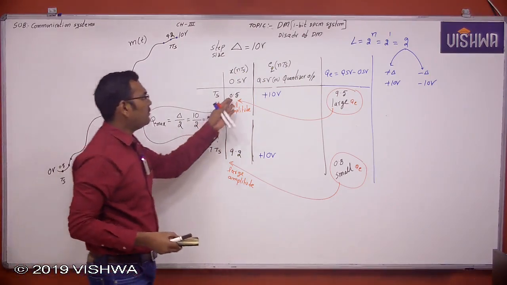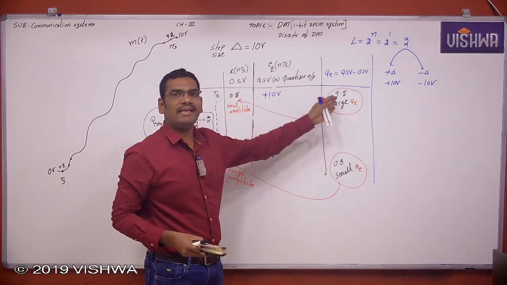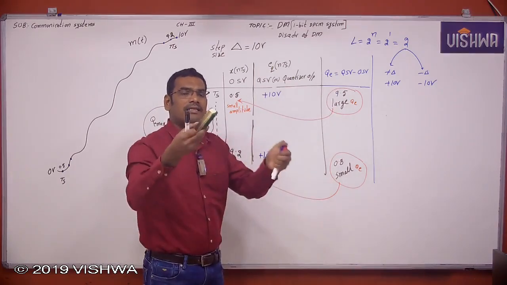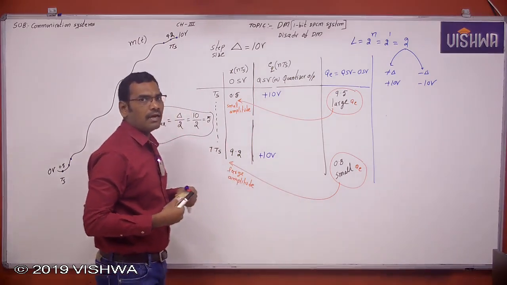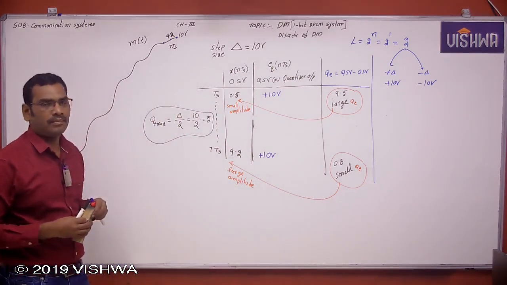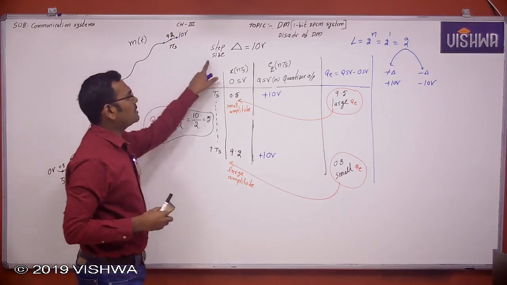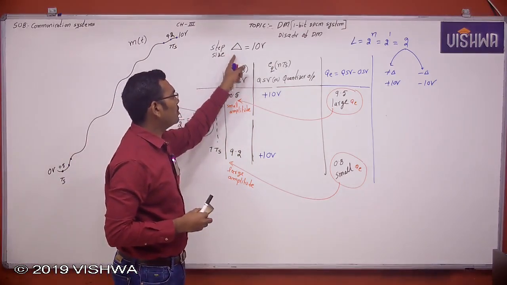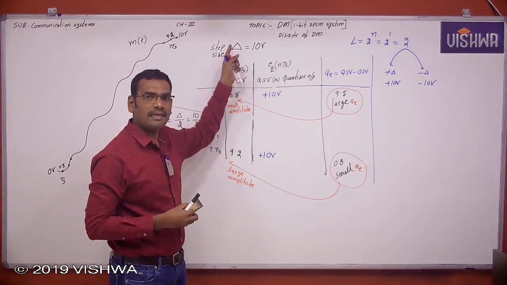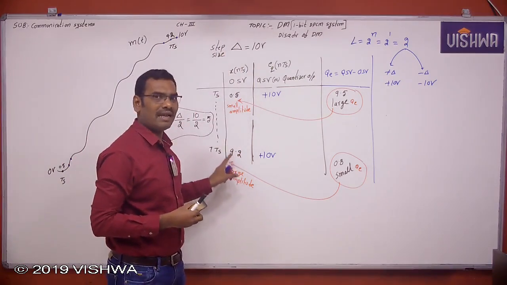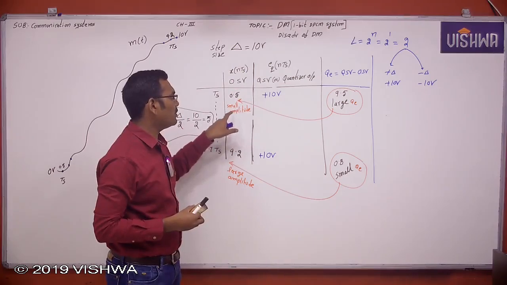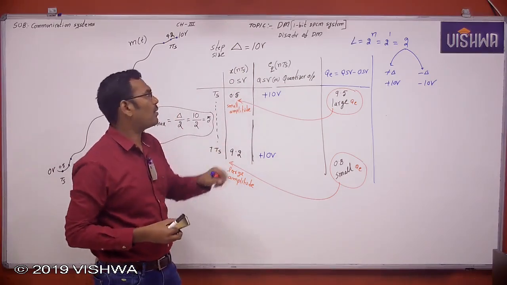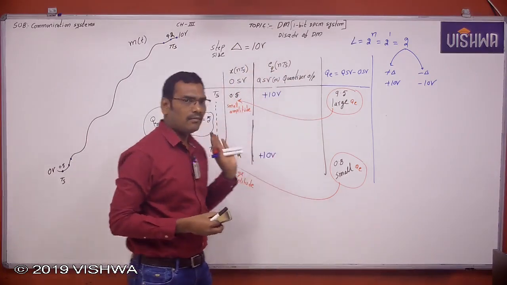At this particular information you are introducing an error of 9.5, which means there is a large deviation you are introducing, and you will get an unwanted or distorted signal. So this step size is calculated based on the maximum slope of the message signal, which is good for the larger amplitudes, but not suitable for the smaller amplitudes of the message signal. That is the problem in the case of delta modulation.